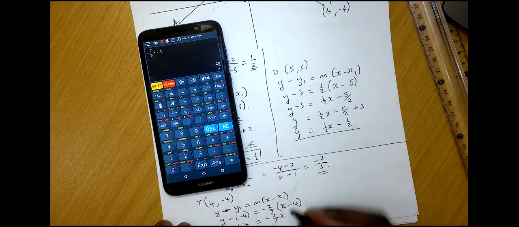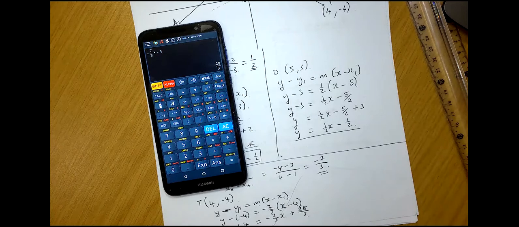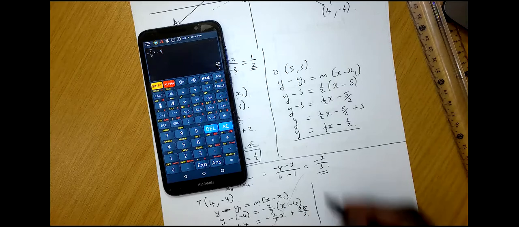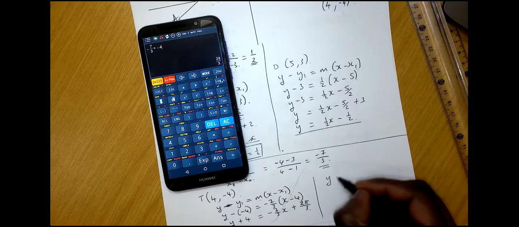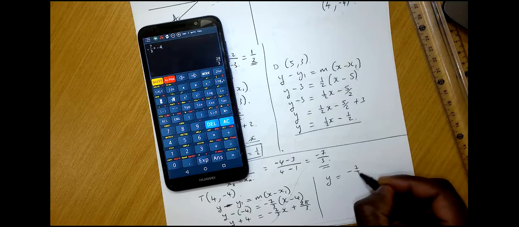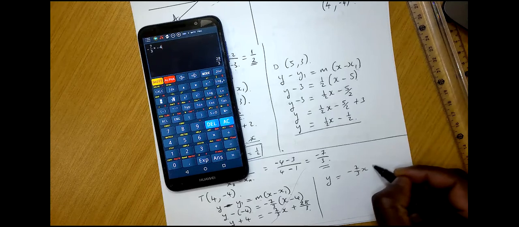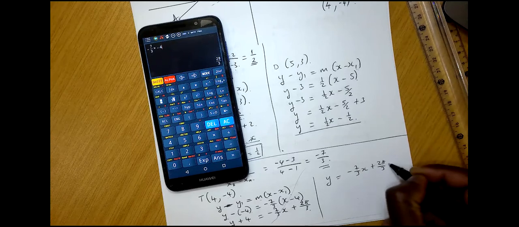What do we get? We get 28 over 3. Then y is equal to negative 7 over 3 x plus 28 over 3 minus 4.